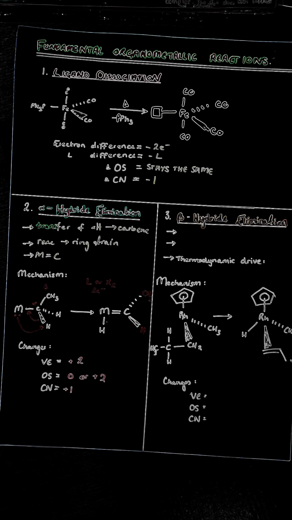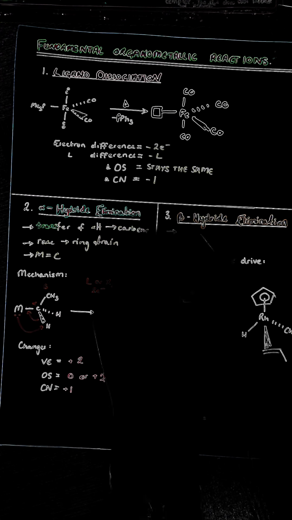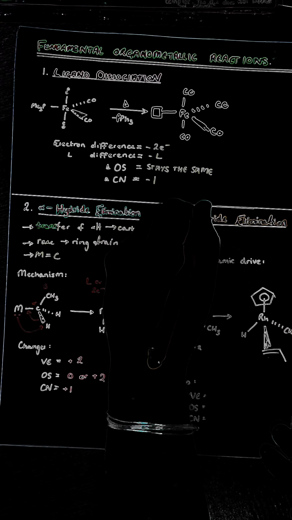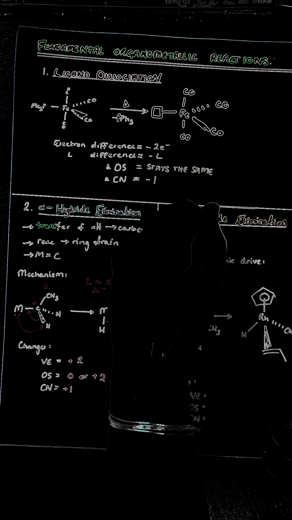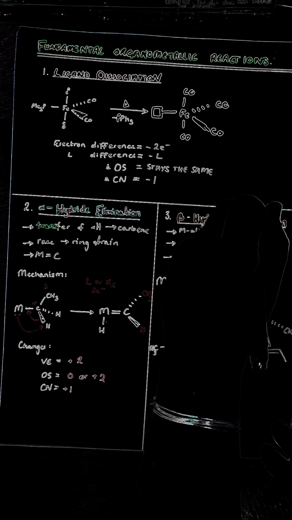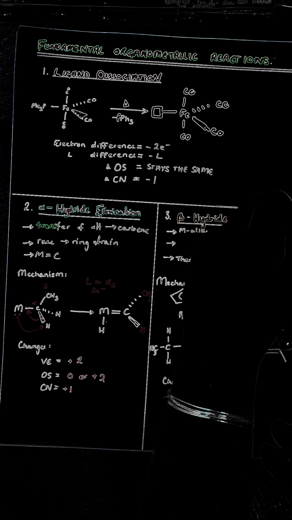The next is beta hydride elimination, which I've said before is more probable. This is basically where an alkyl group bonded to a metal center is converted to a hydride and an alkene.